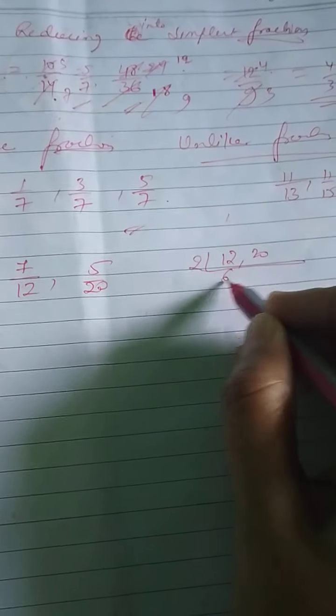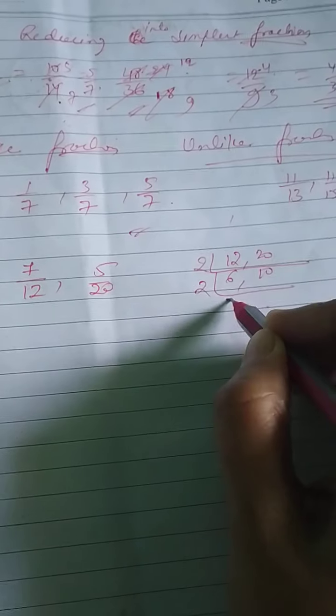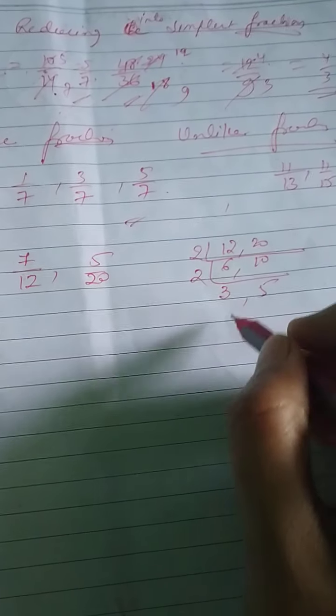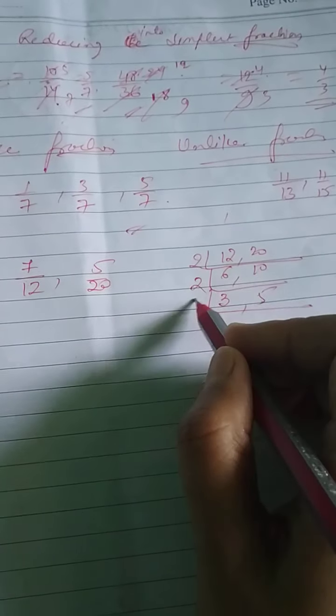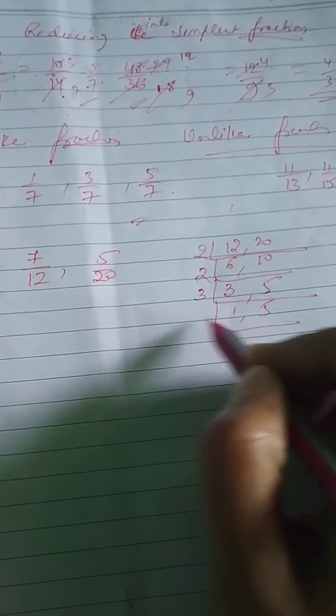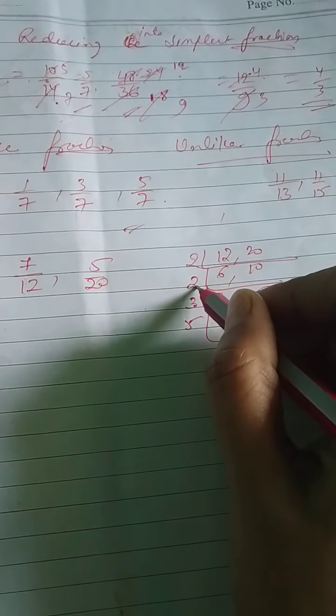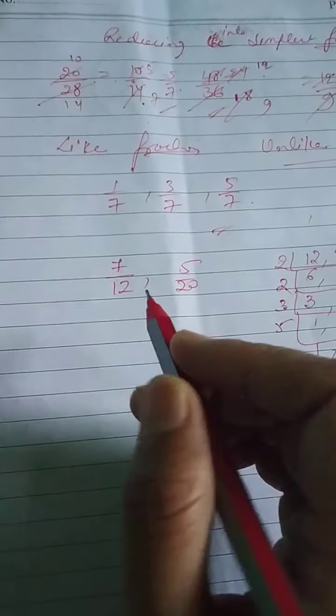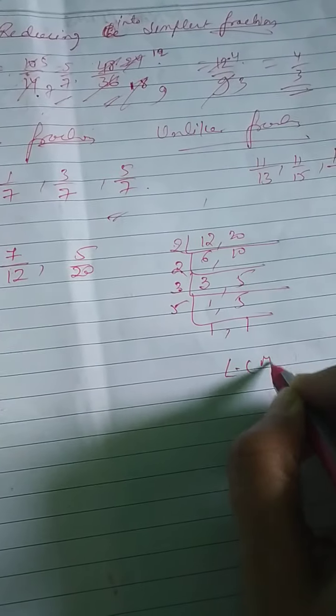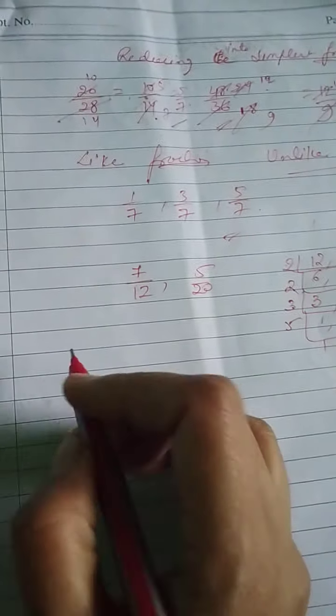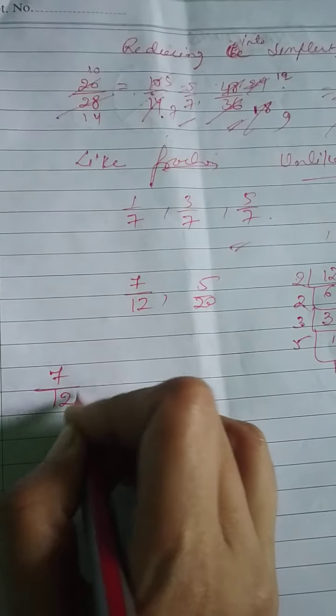Let's take 2 sixes are 12, 2 tens are 20, 2 threes are 6, 2 fives are 10. And you know what is LCM? We take the LCM like this. Now 5 threes are 15, 15 twos are 30, 30 twos are 60. 60 is the LCM.